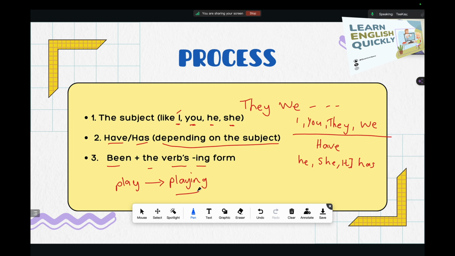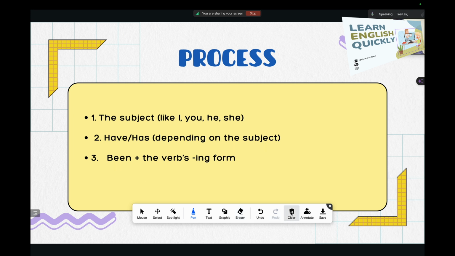So now let's have an example. Okay, first let's clear our board. Let's have an example of a present perfect continuous sentence, and let's help each other find the three parts. So let's say we have the sentence: I've been reading a book.